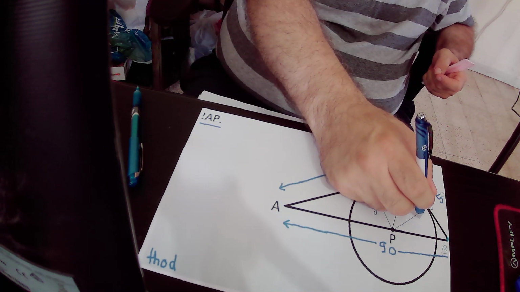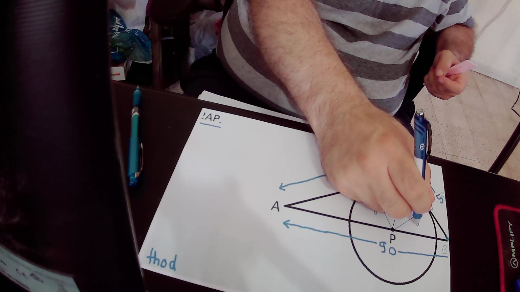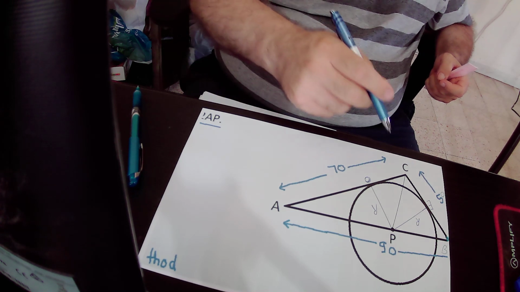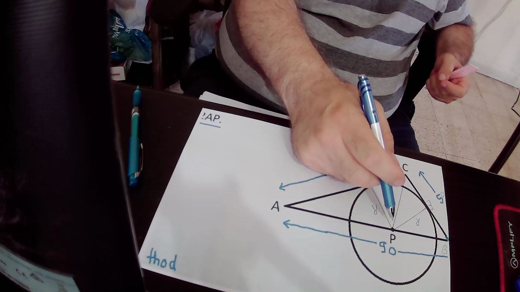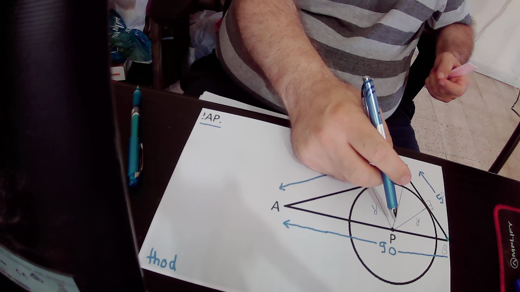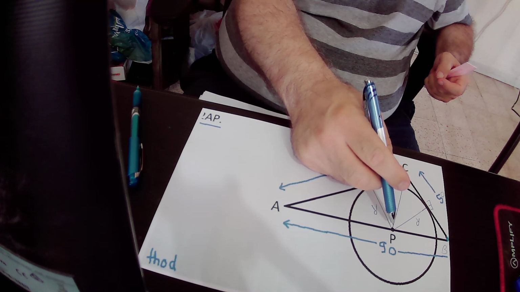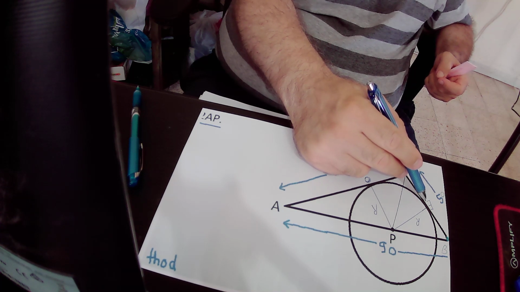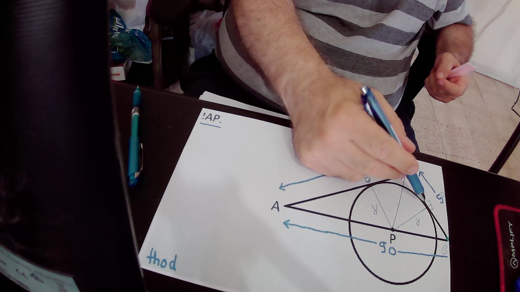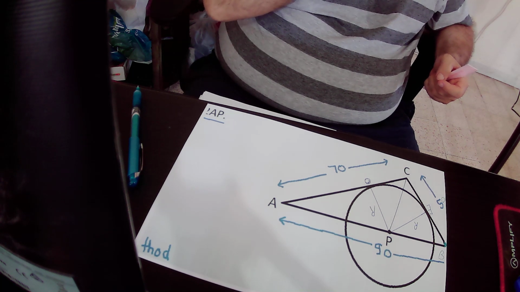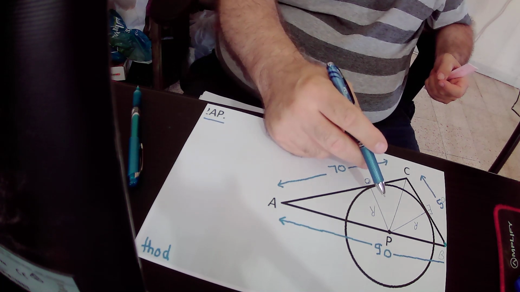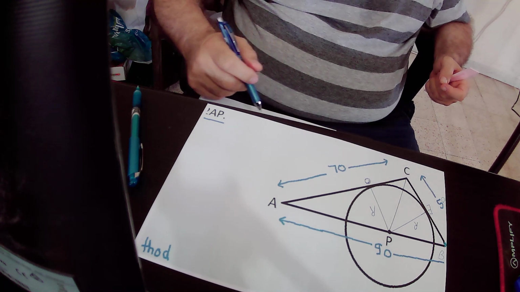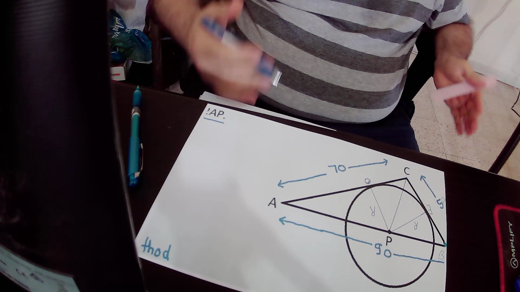We will mark it as R. The line PE starts from point P and ends at point E that is on the circle, so it is the radius of the circle. So PO and PE are the radiuses of the circle. They of course equal each other.